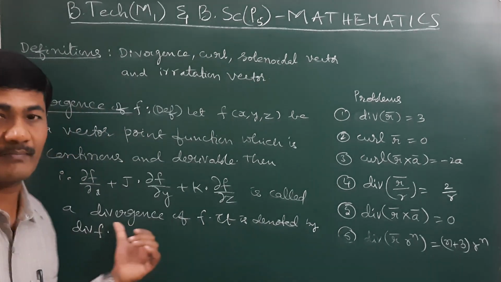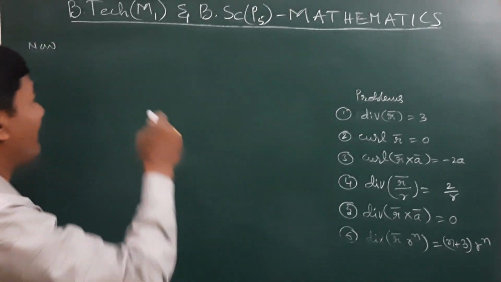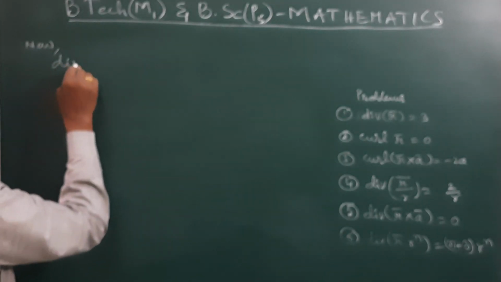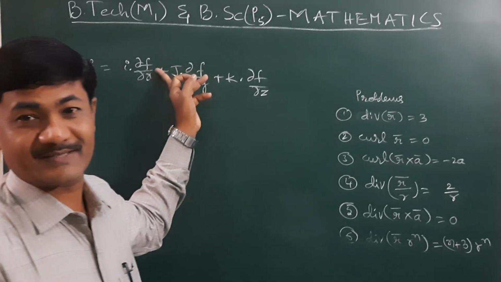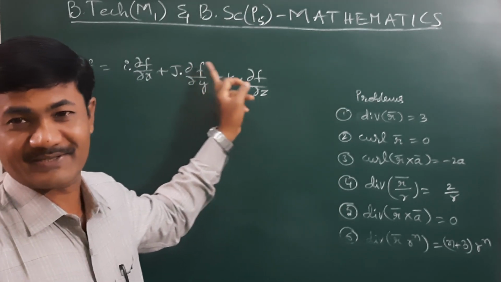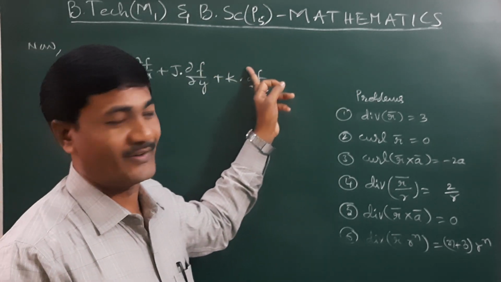It is denoted by div f. So div f is equal to i dot dou f by dou x plus j dot dou f by dou y plus k dot dou f by dou z.